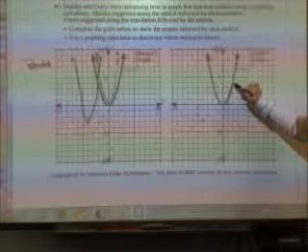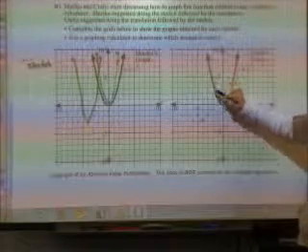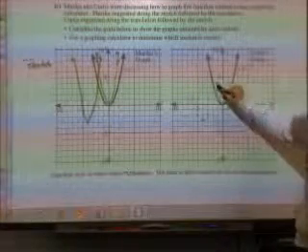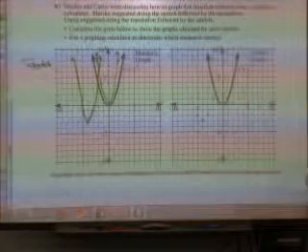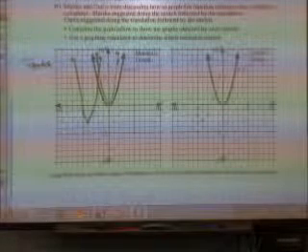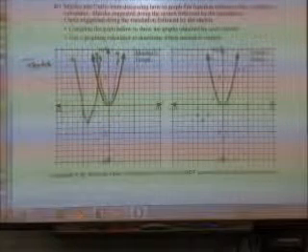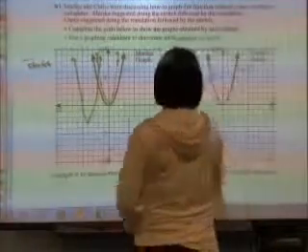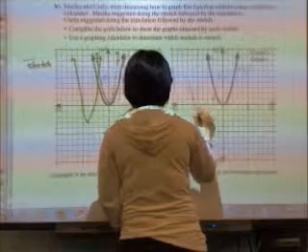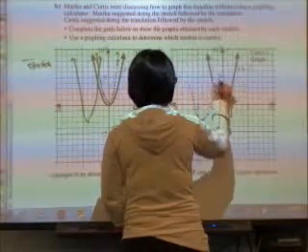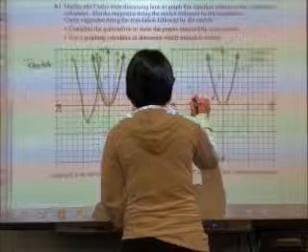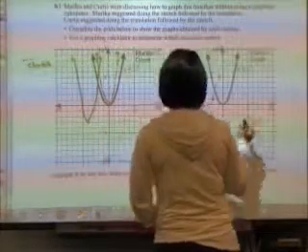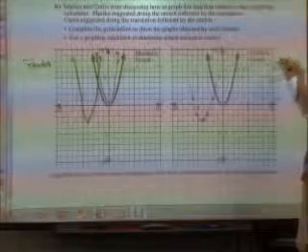And then my last points, which were at (2, 4) and (-2, 4), if I move 4 to the left and 3 down, are at (-2, 1) and (-6, 1). So that is Curtis's graph after the translation.